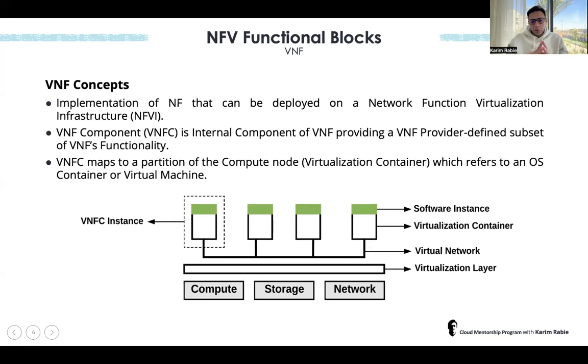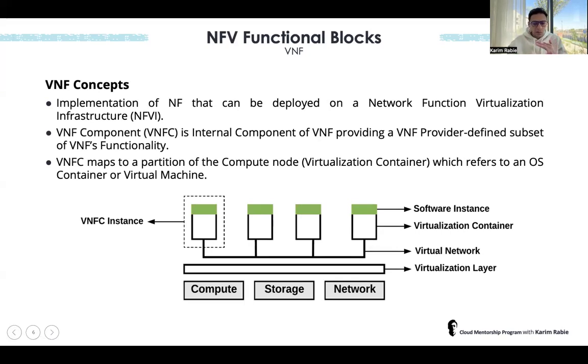When you understand the concept of the VNF component, and then later the concept of microservices, you'll find a lot of similarity. So a VNF component, by definition, is an internal component of a VNF, providing a defined subset of the VNF functionality. For example, take a classic 4G gateway, the P gateway.